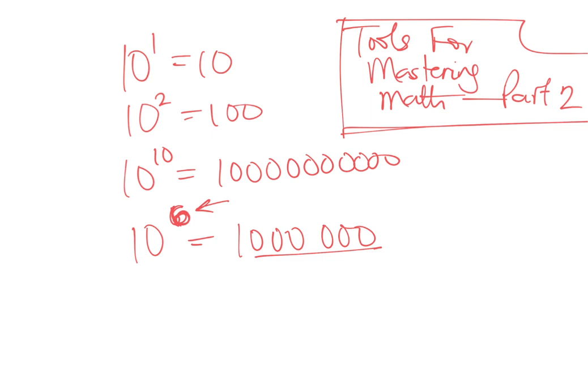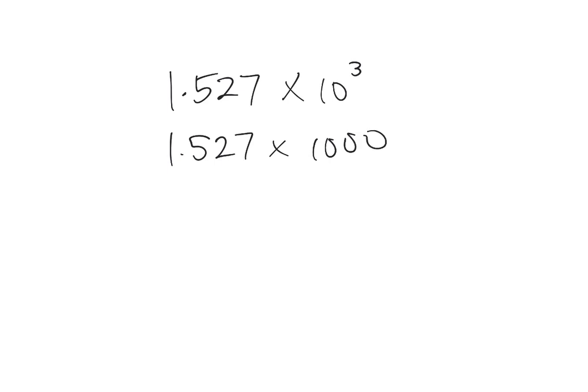So multiplying decimals by powers of 10 is the next section here. When we're multiplying decimals by powers of 10, if you have 1.527 and you're multiplying that by 10 to the third power, that is 1.527 times 1,000. So then this decimal point will actually move to the right 3 times. 1, 2, 3. So the answer is actually 1,527.